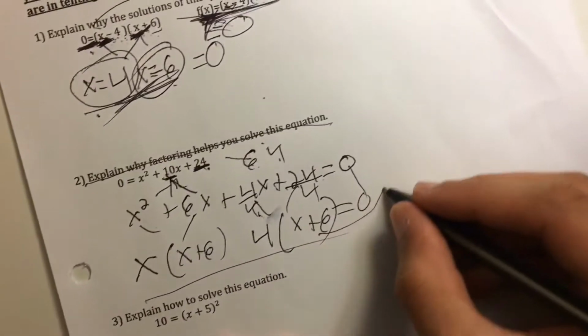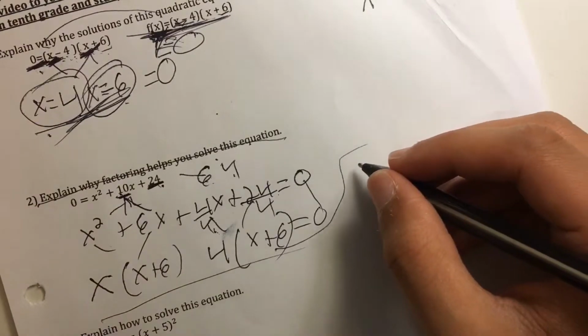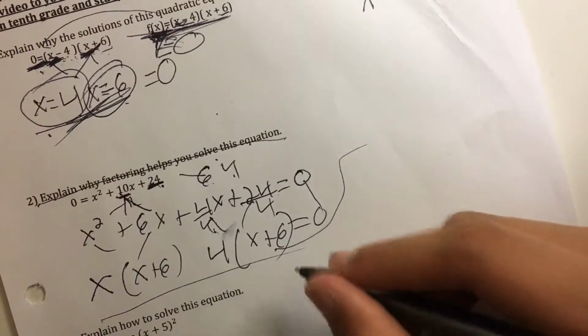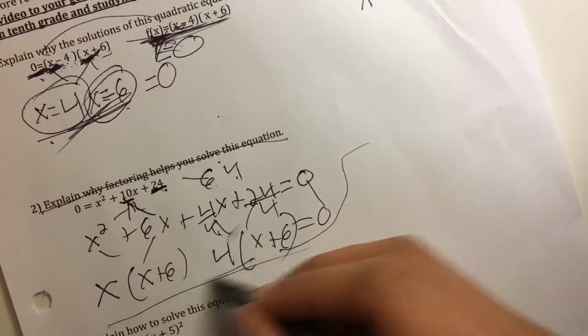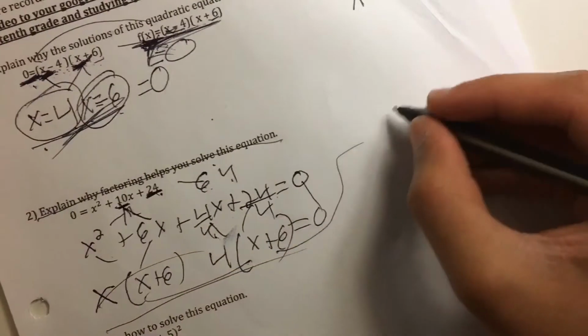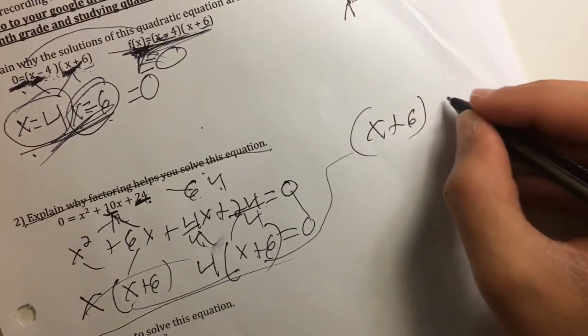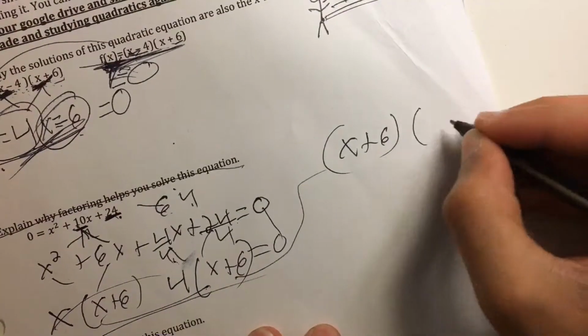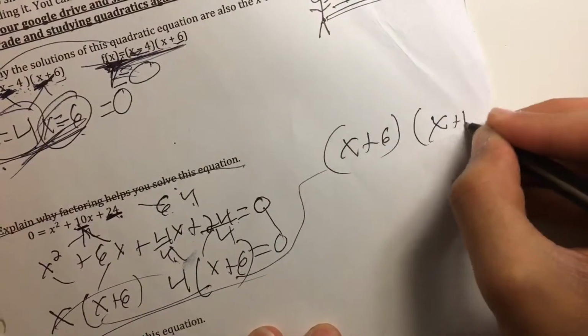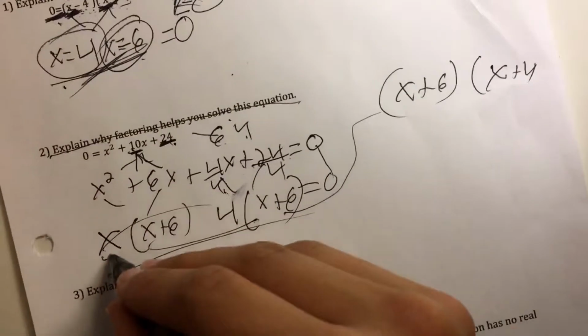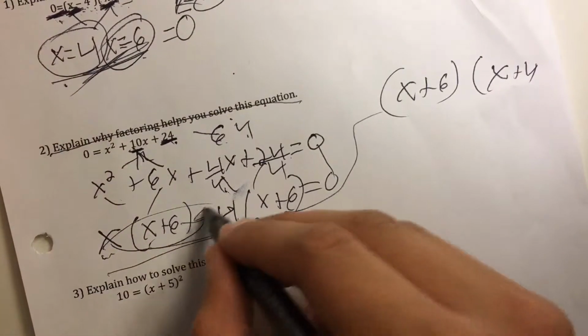From this point on, we're going to bring it up here and put these together. So x plus 6, and then times x plus 4, because these two are little buddies, and these two, because they're twins, go together.